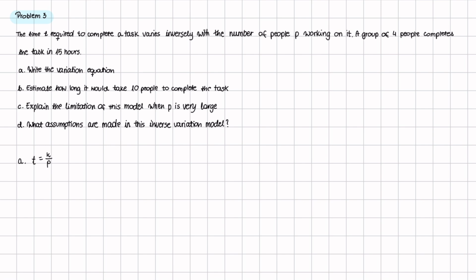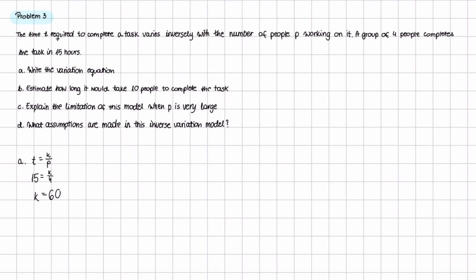And now to complete our equation, we have to substitute our group of 4 people and task which is completed in 15 hours. So 15 equals k over 4. So k equals 60. So we can write our equation as t equals 60 over p.